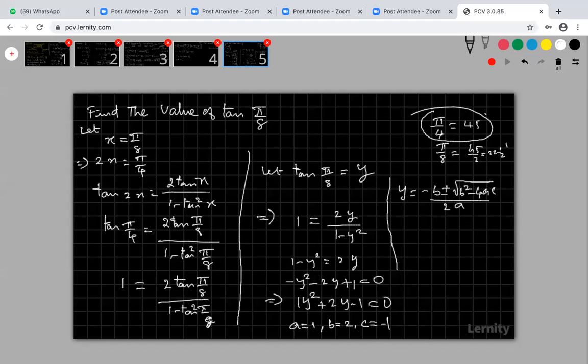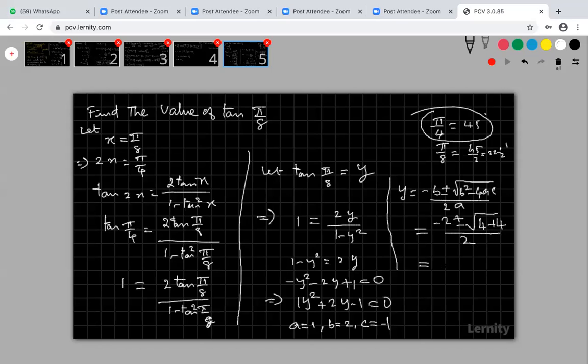Now apply here. My b is 2. That is minus 2 plus or minus root over b square. What is my b square? That is 4, minus 4ac. It is minus 1 into minus 4, that is plus 4, divided by 2 into 1, that is 2.